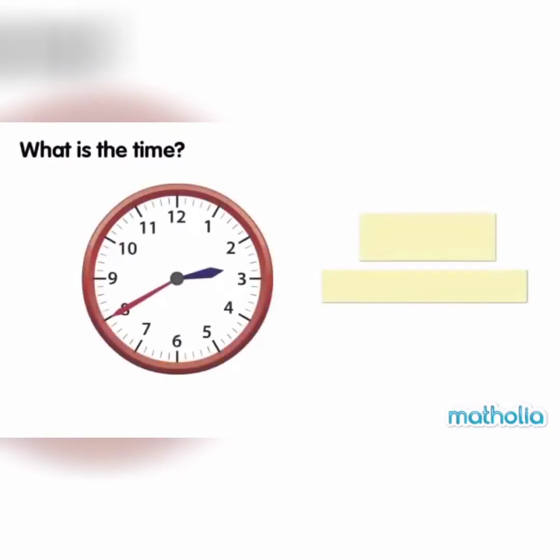Another example. What time is it? The minute hand is pointing at number 8, which means it is on 40-minute mark. And the hour hand is going to number 3. The time is 2:40.